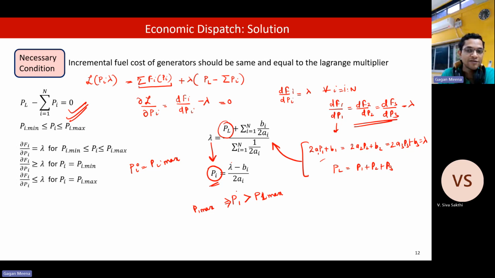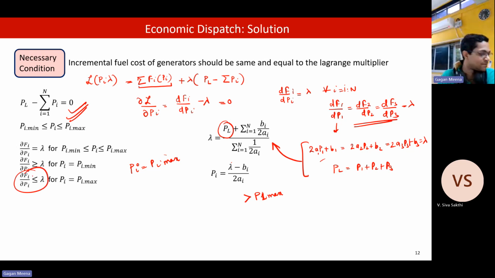If generation is going beyond its limit, that means that generator is a very cheap generator. That's why this problem is trying to generate more power from that generator. That means its incremental cost is less compared to the other generators. That is why if a generator hits its maximum limit, its incremental cost will be less.